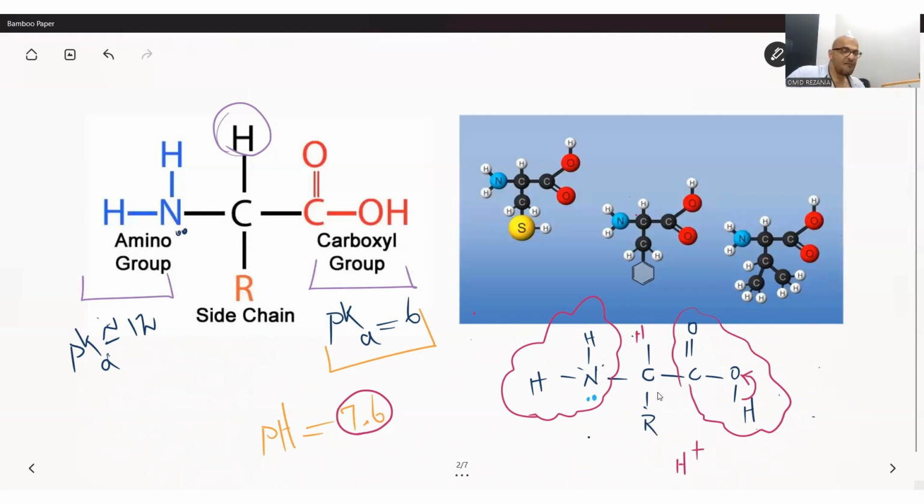The hydrogen is going to be accepted by the amino group, because bases accept the hydrogen. The hydrogen is going to be taken up by the nitrogen, which has a lone pair. The lone pair is going to form the bond. I'm going to write the structures down on top.